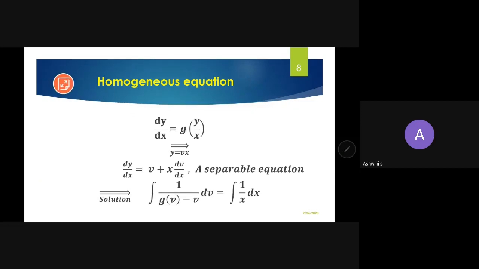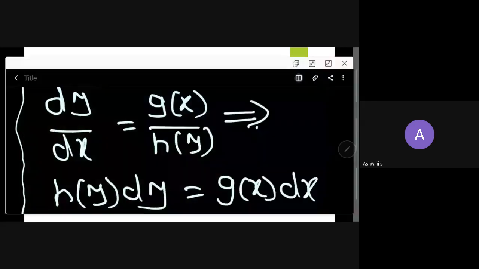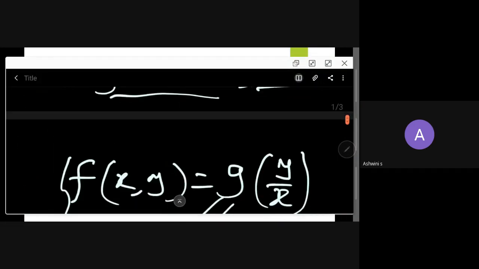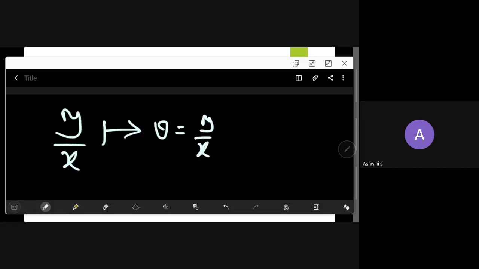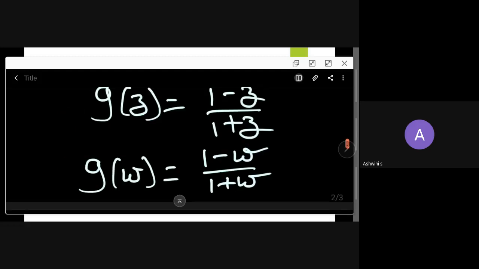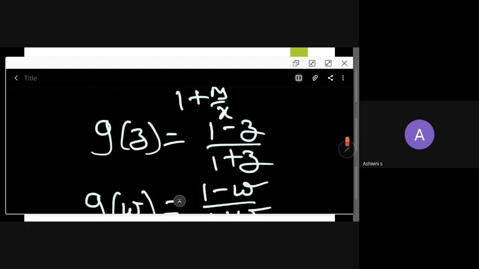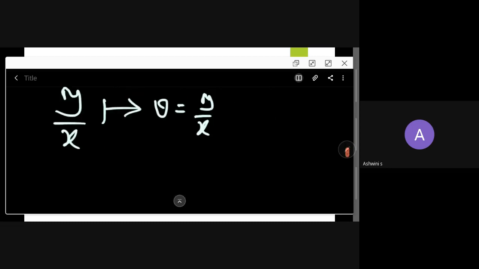So we have this g of y by x. For that, I have given here. Yeah, right. This is the idea. Then we have y is equal to v of x. That is the change of variable I am talking about. Because we are talking about y by x, we say v is equal to y by x. I wrote z at the top, z of z, z of w, but in place of z you can also talk about v.